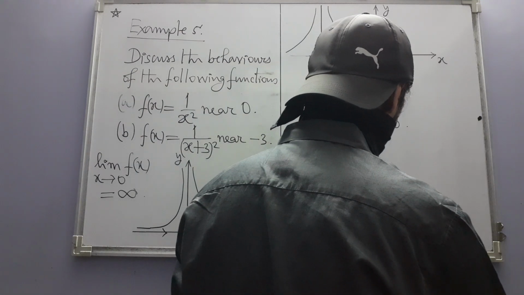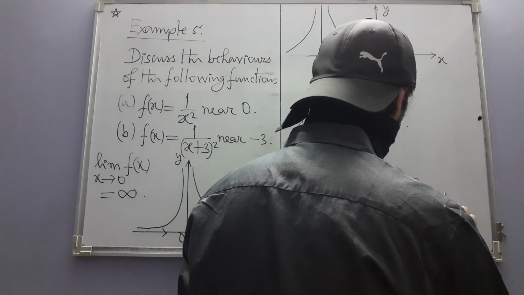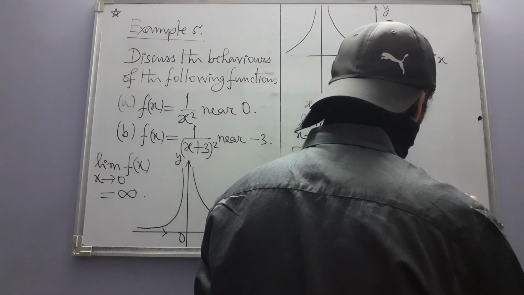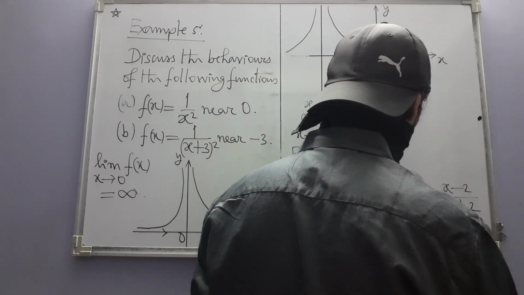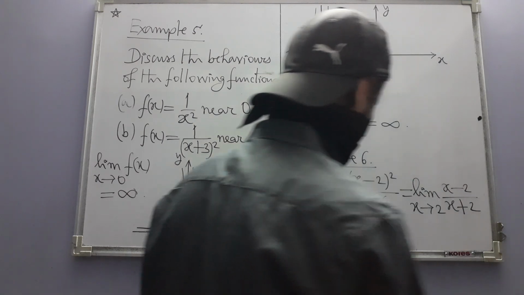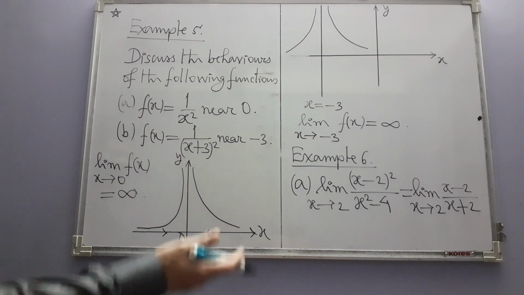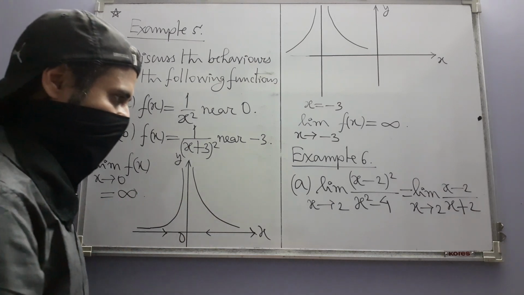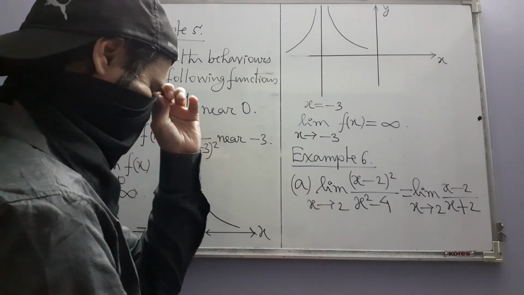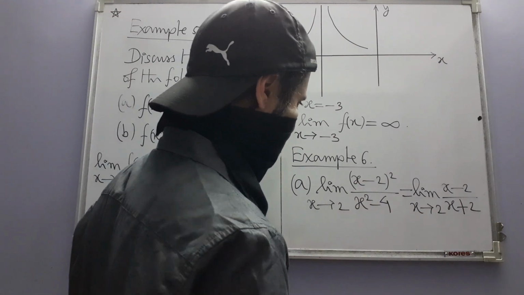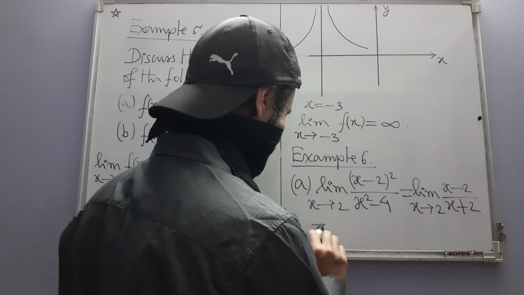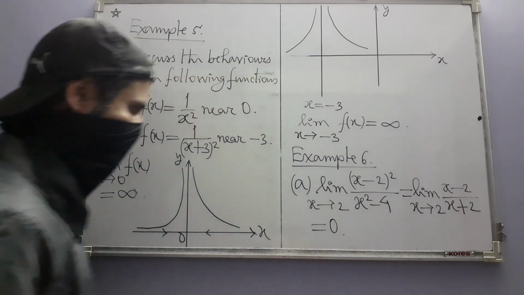Now here, of course, the ordinary limit itself exists. It's a two-sided limit, you can see that there is no plus or minus sign. So after cancellation of that x minus 2, you see that the limit is nothing but 0.